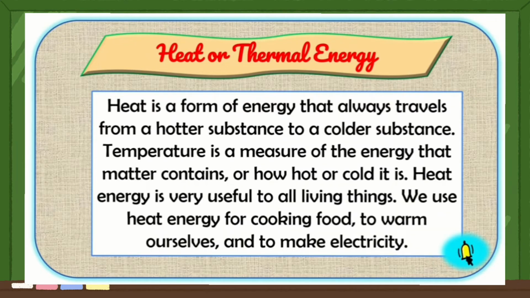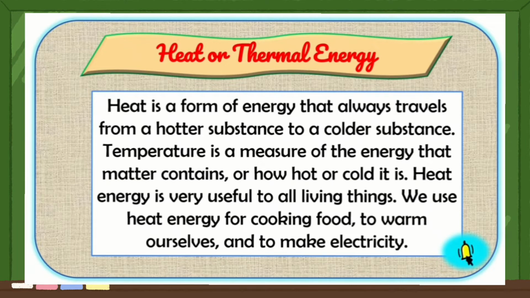So heat is a form of energy that always travels from a hotter substance to a colder substance. Kaya natin nasasabi pag hinawakan natin ang isang baso na mainit, na ito ay mainit, because it travels from a hotter substance, which is the baso, papunta sa colder substance, which is our hand. Kaya natin nasasabi na yung baso is mainit.